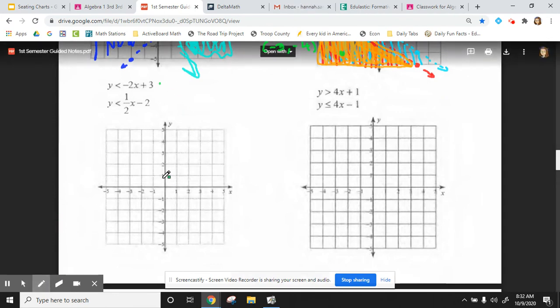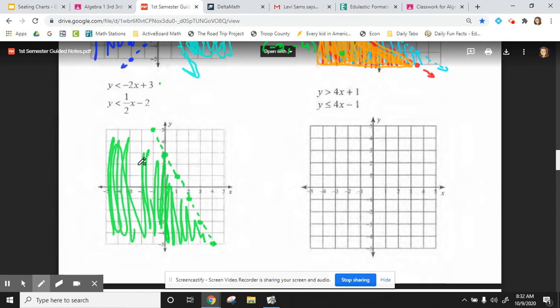All right, start at +3. We go down 2, right 1, down 2, right 1. This line is going to stay dotted because we don't have the equals to. And we shade down. Okay, for this one, we start at -2.